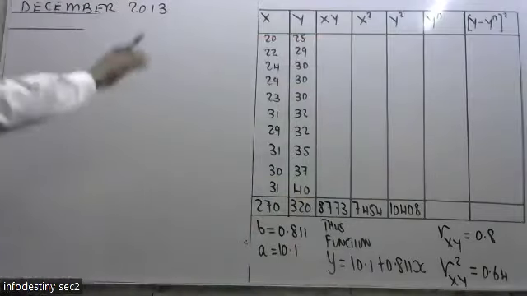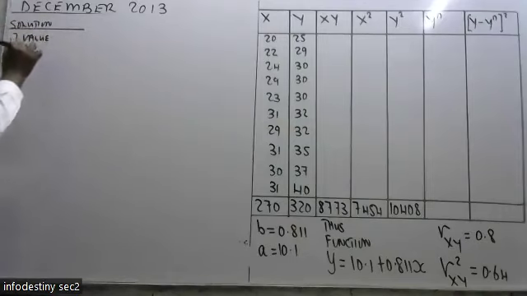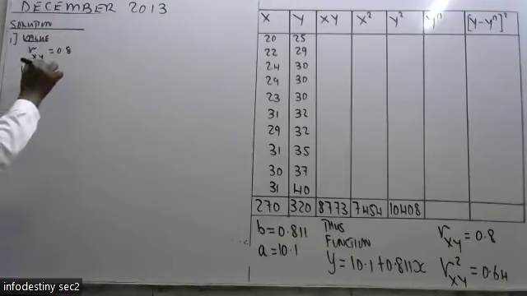We have shown the formula, we have shown the workings. Now you give the solution. Roman 1 was asking for the correlation coefficient. So you tell them the value of R between X and Y is 0.8. Then you give the interpretation.